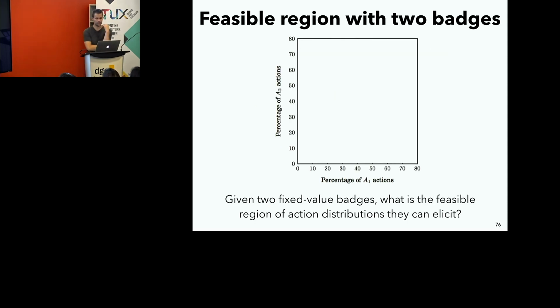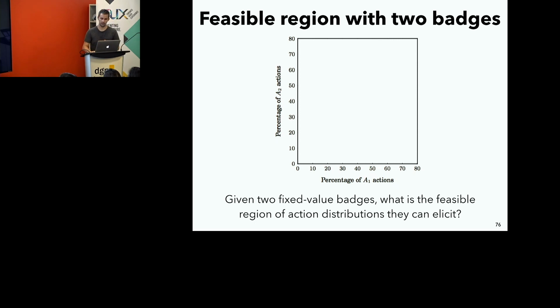One last interesting thought experiment that we did was that it's not even clear what you can possibly elicit with badges. Say you have two fixed value badges. Now it doesn't really matter what the values are. What is the design space in which I'm operating? What is the feasible region of action distributions that you can elicit with badges?